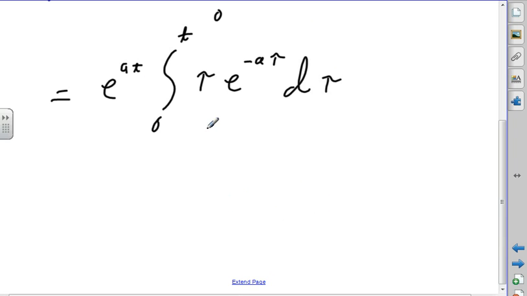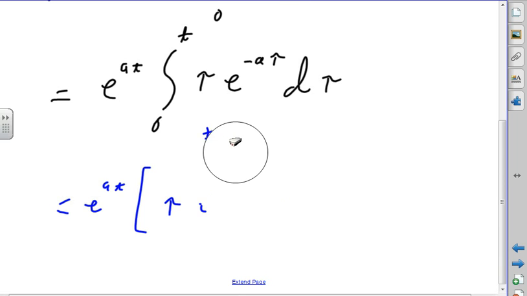And number 47, so it's going to be e to the at times tau e to the minus a tau... can't do that. All right, back to the drawing board.